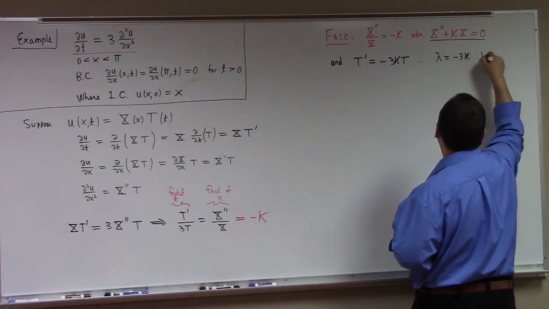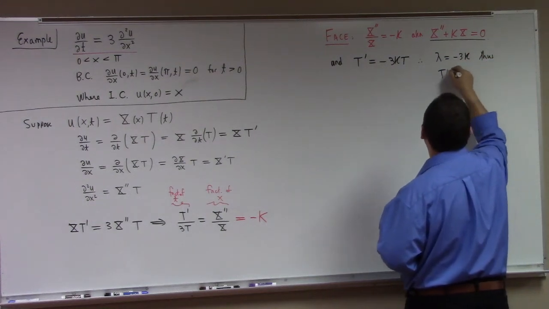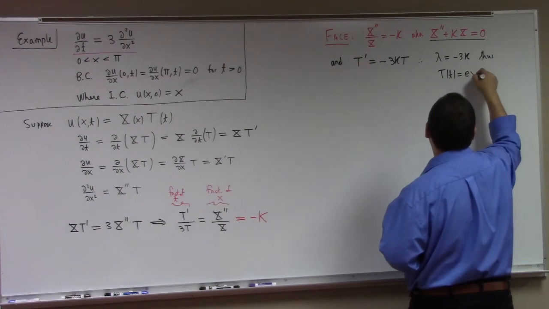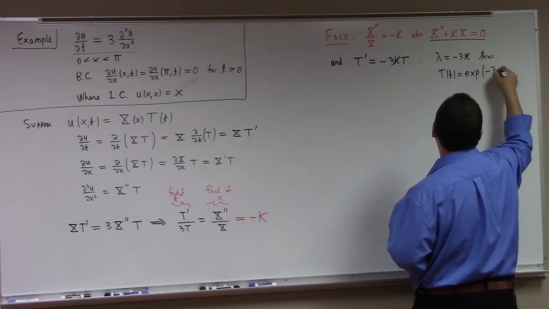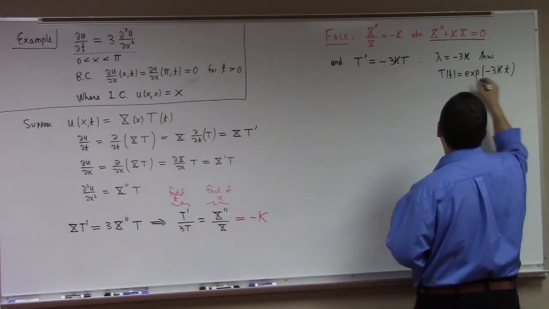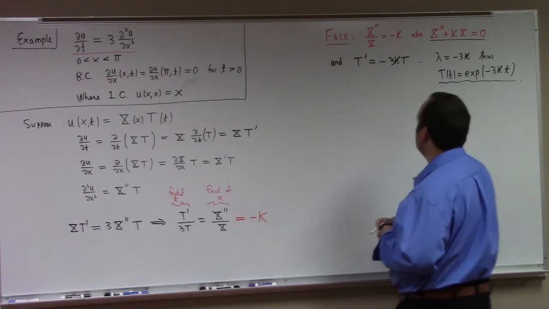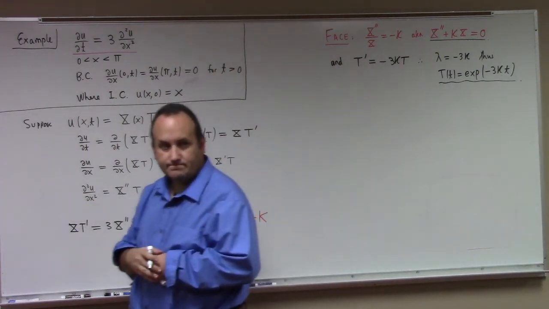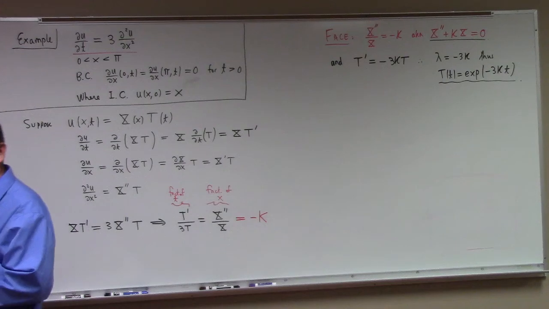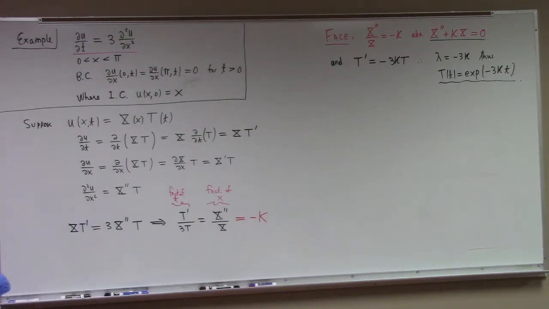So thus, T of t is just equal to the exponential of minus 3kt, right? Yay. Maybe I should put a T sub k on that because it depends on k. Whatever, but the time equation we can solve. Not a big deal.